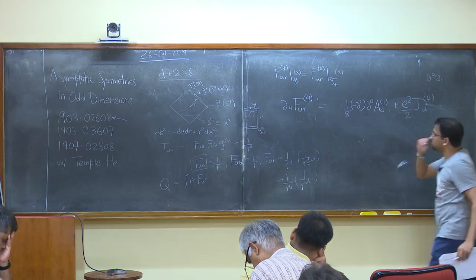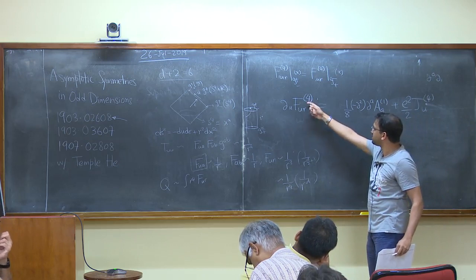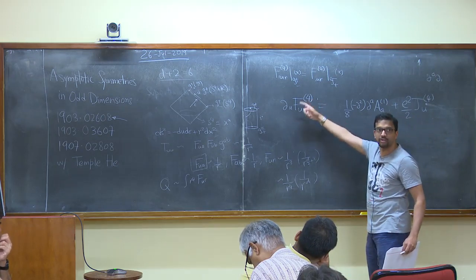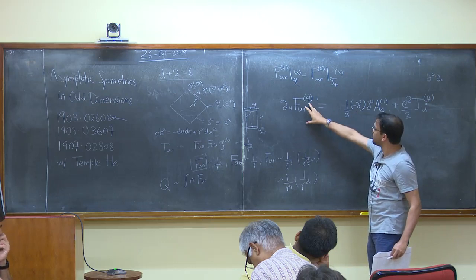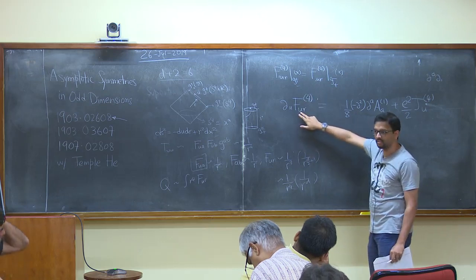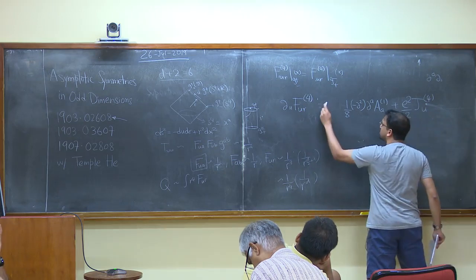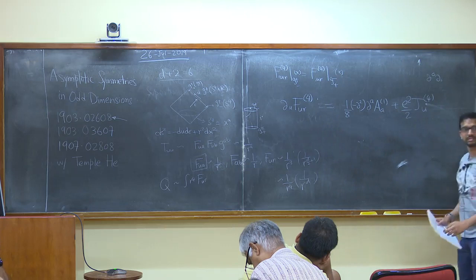Okay, so just to remind notation, whenever I have curly braces with a number on it, it's the coefficient of 1 over r to that number. So this is the coefficient of 1 over r to the 4, the full coefficient. This is a function of u and x, and this is the equation. This is simply what Maxwell's equations tell us.